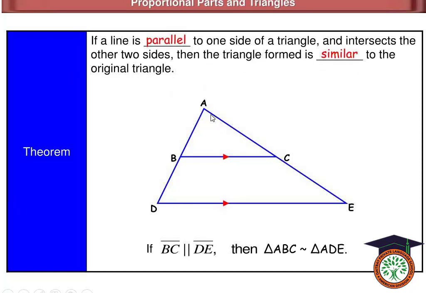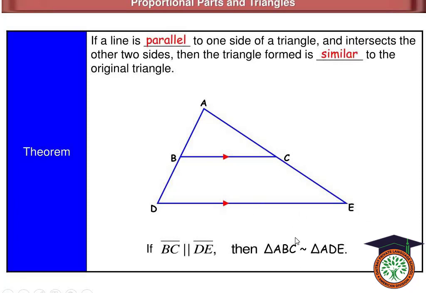The triangle formed here, I mean triangle ABC, the small triangle here, is similar to the original one, which is ADE. So from our theorem, if we have a line BC parallel to one of the sides of a triangle, and this line also intersects the other two sides, as we see in the figure, we can say that the small triangle formed, ABC, is similar to the original triangle ADE.